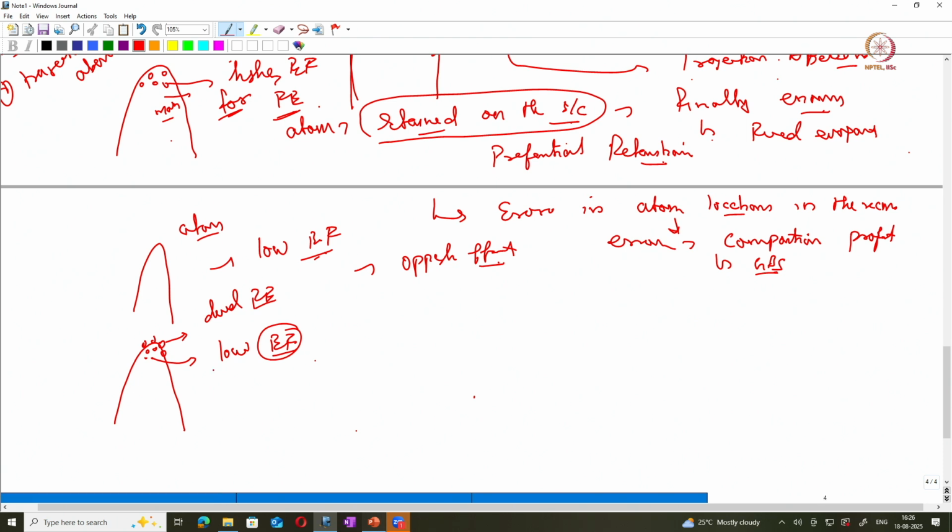Okay, and this is directly related to the chemical nature. It means that it is directly related to the strength of bonds between those atomic species, between the nearest neighbors.